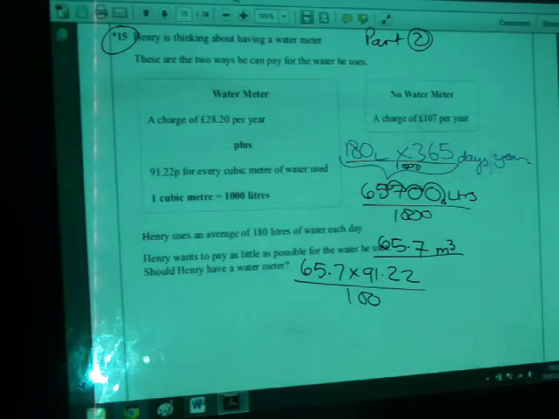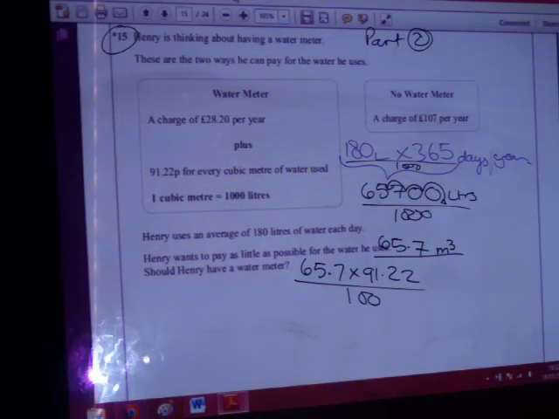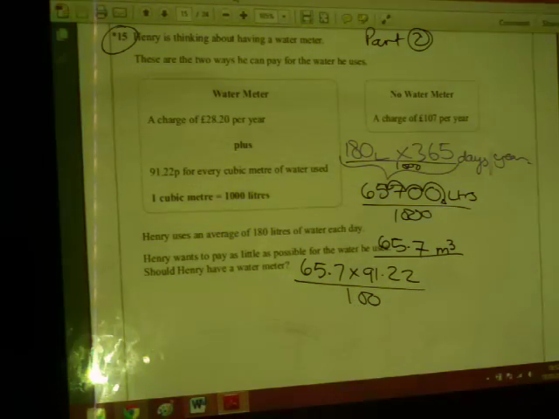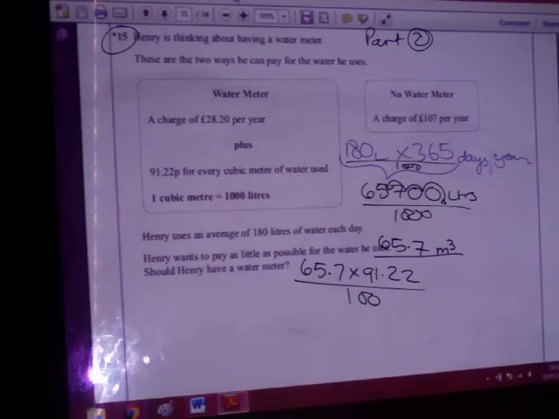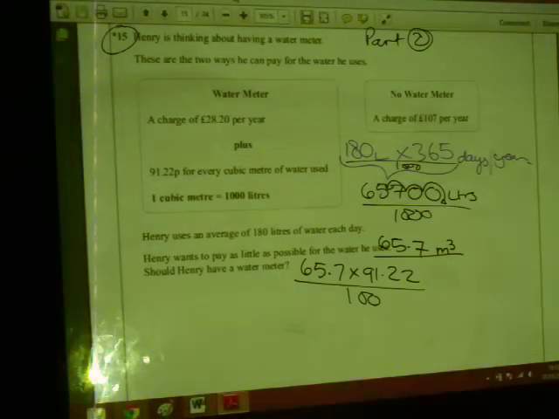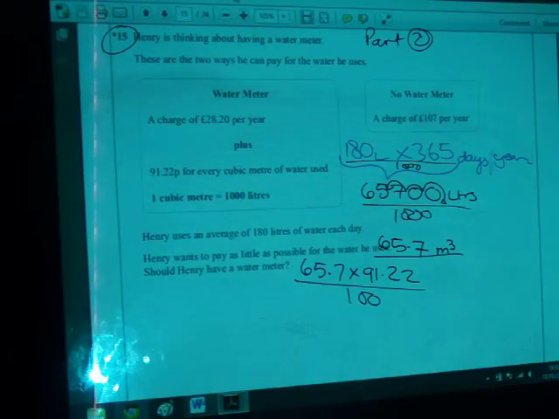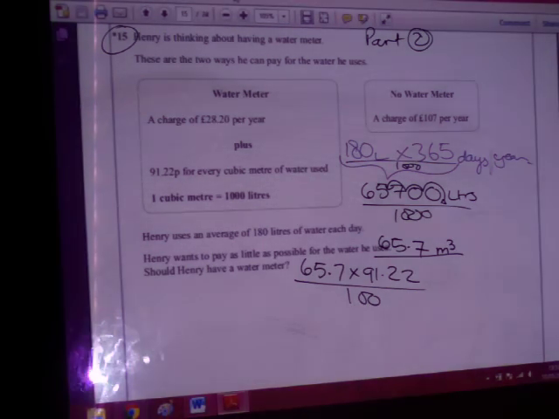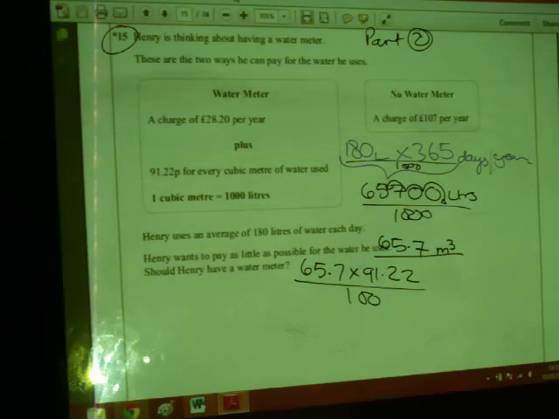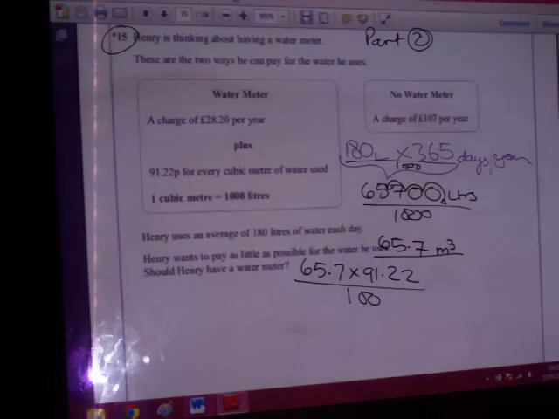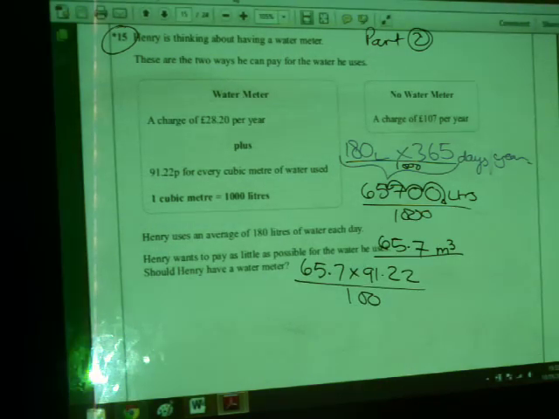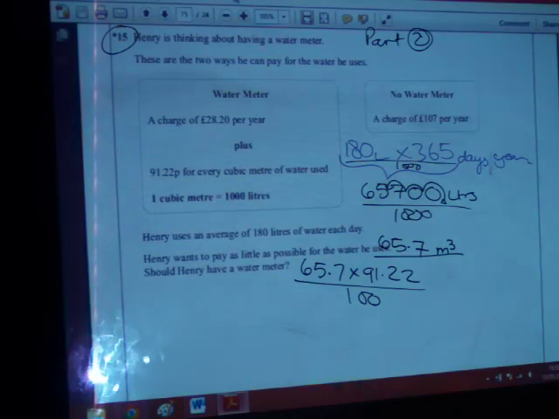Okay, question number 15. Come on, Isa, give me some solutions, please. Okay, I got 59.93154. So we had 65.7 cubic meters.